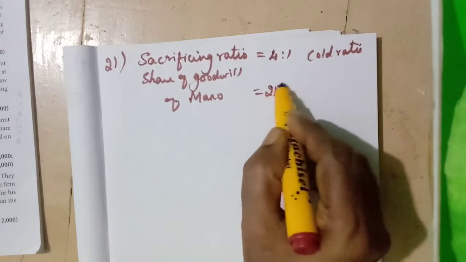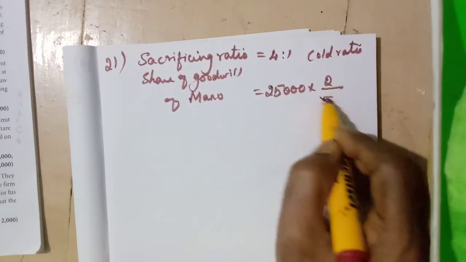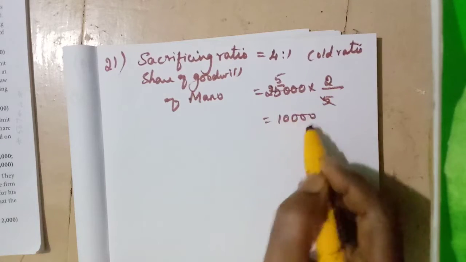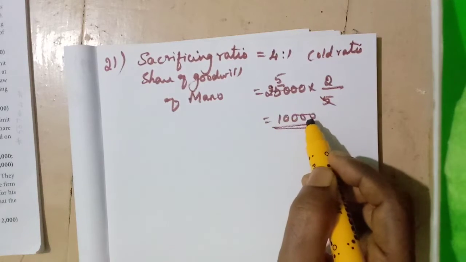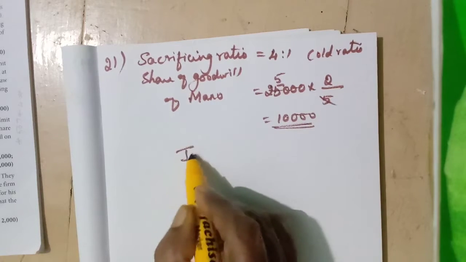Firm's goodwill 25,000 into new partner share 2 by 5. 5, 5. Isn't it? 2 5s are 10. So 10,000 is the share of goodwill. Now we should prepare the journal entry.